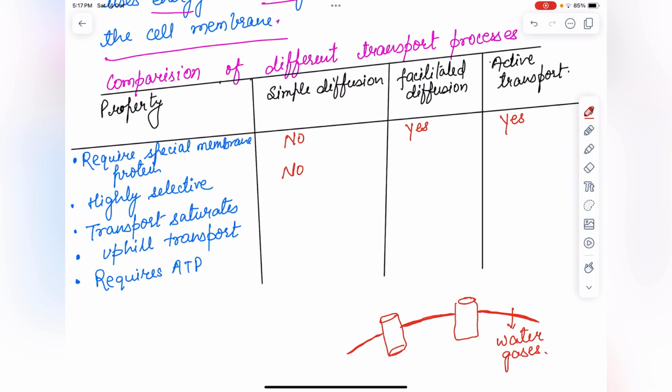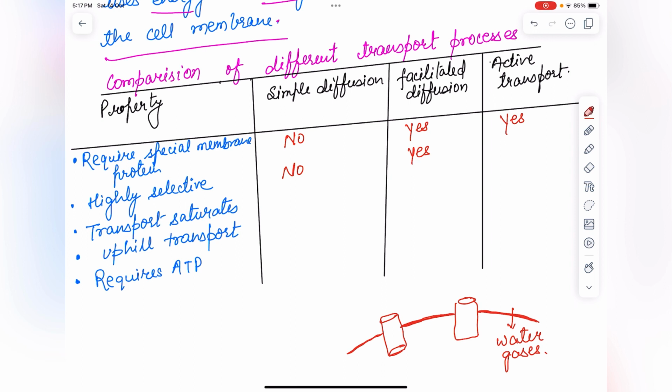But for some like glucose, sodium, potassium, it requires a protein channel. They need protein channels for glucose and all. So it requires a protein channel. That's why it is highly selective.